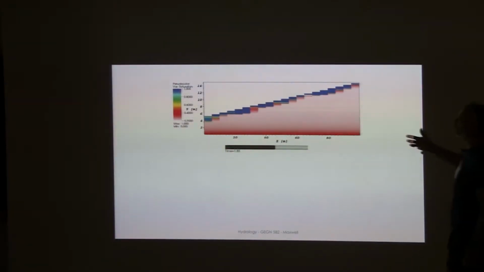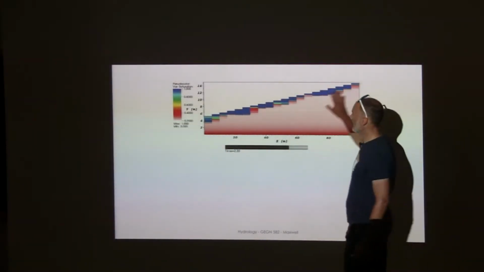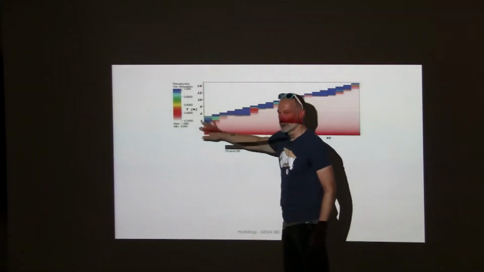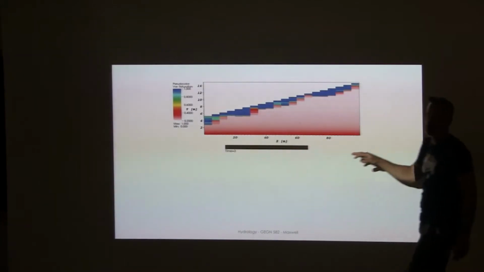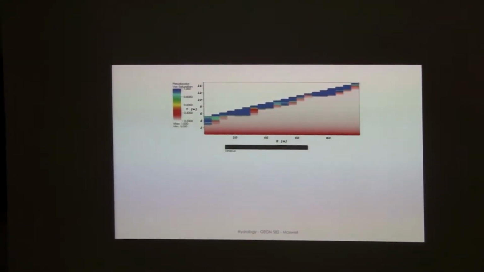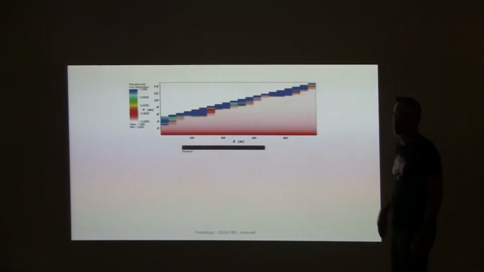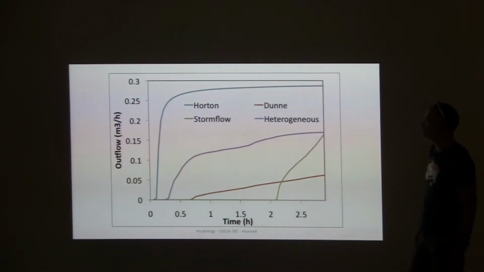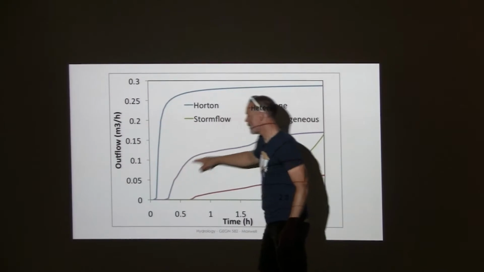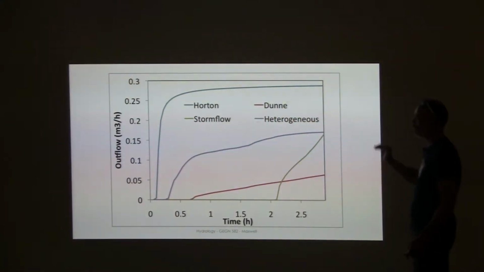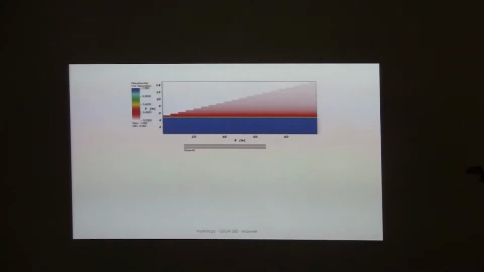So our k is relatively low, but it's heterogeneous. We get some infiltration, not very much. We get a lot of ponding, but not complete ponding. And we start to develop maybe a little bit more realistic model of the system. And we can look at what this curve looks like, and we start to get something that's kind of in between our two cases.